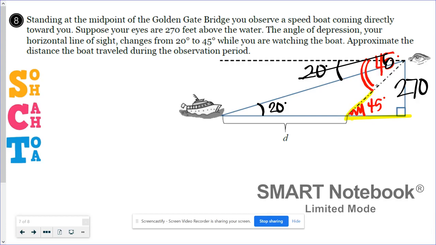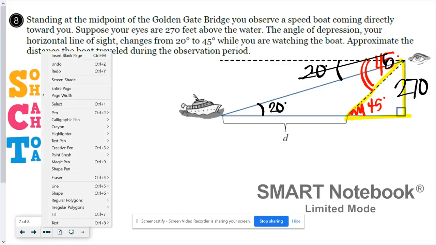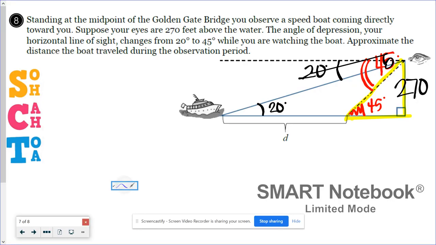Then you probably had to use tangent, right? But maybe you caught that triangle, so 45, 45, 90. And we know that the legs of a 45, 45, 90 are congruent. So what that means is that since this leg is 270, this leg here is also 270.